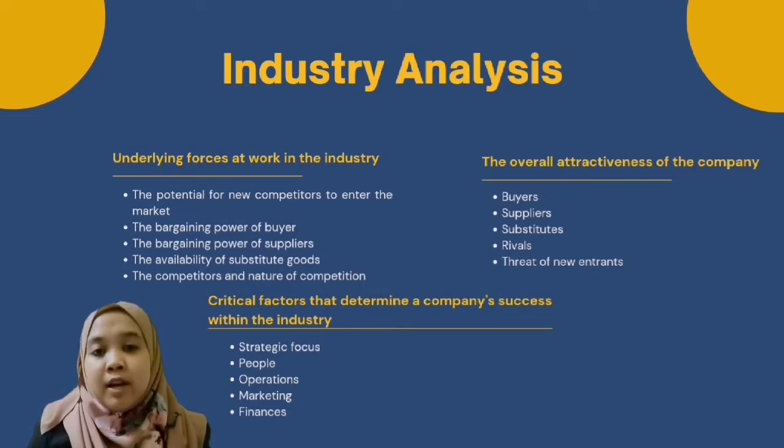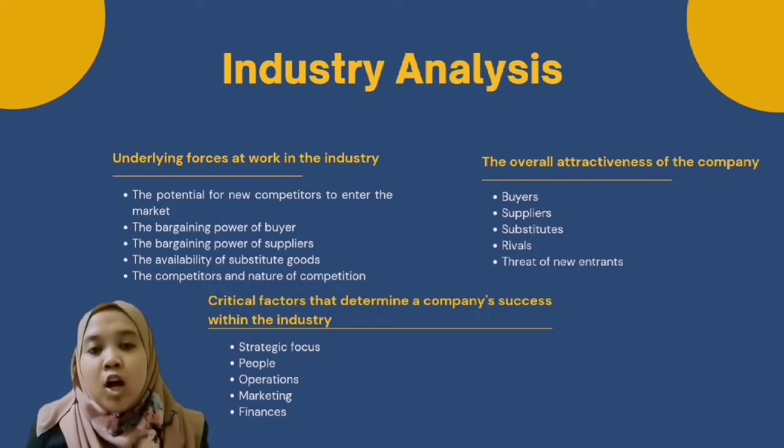Second is suppliers, which is to find the best suppliers that offer a high quality product at an affordable price. Third, substitutes: if consumers can easily substitute their product, the industry will face a high risk of losing some of their customers.